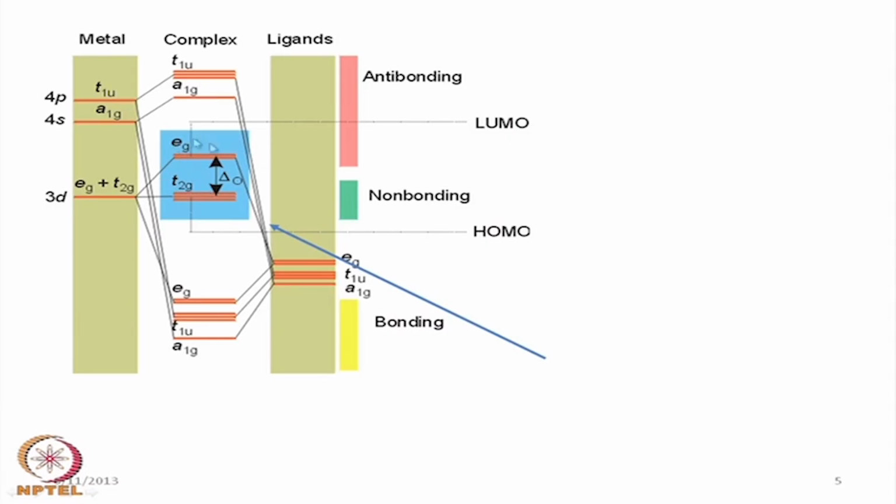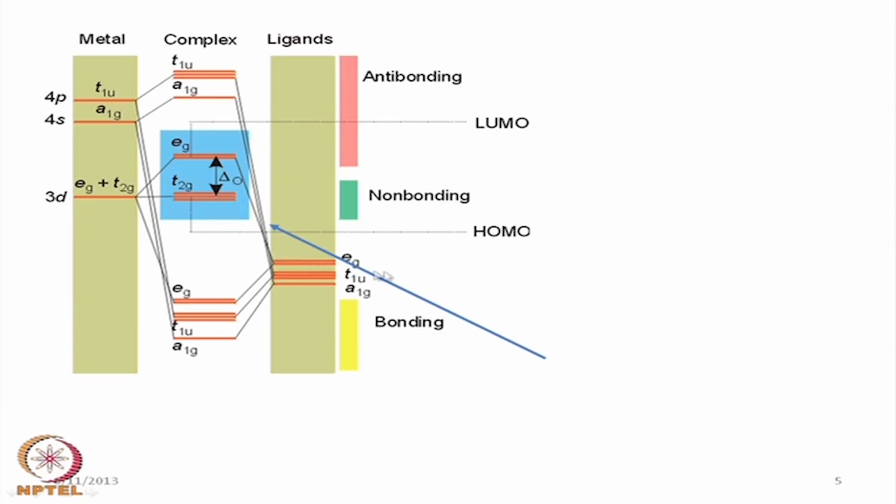So, we have only the acceptor level available, which is the Eg star level, or the Eg antibonding level. Similarly, if we go up further, we will have the corresponding antibonding orbital of A1g symmetry because it is interacting with 4s, and the antibonding orbital of T1u symmetry, that means T1u star. So, they are of much higher energy levels.